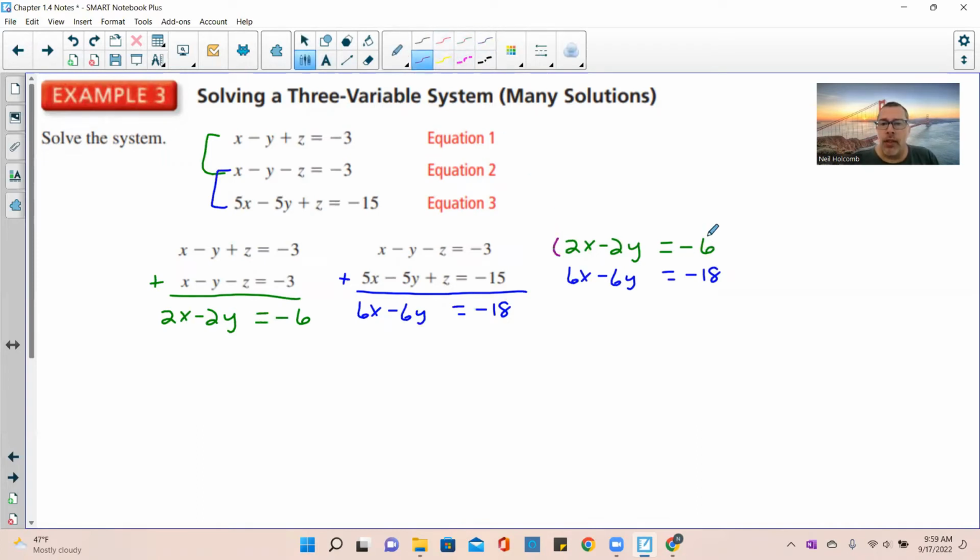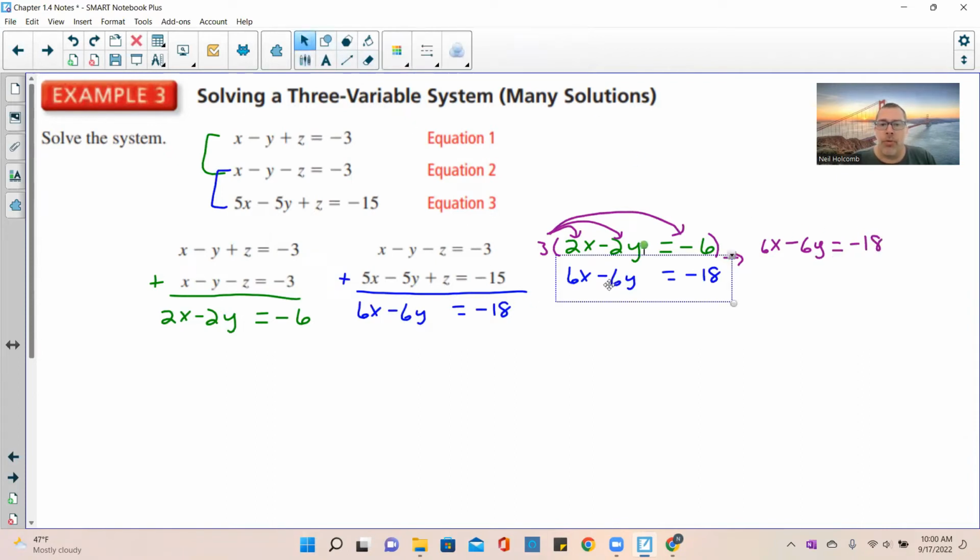So if I multiply the top by 3, that gives me 3 times 2x is 6x, 3 times a negative 2y is a negative 6y, and 3 times a negative 6 is a negative 18. And then I'm just going to copy this over.